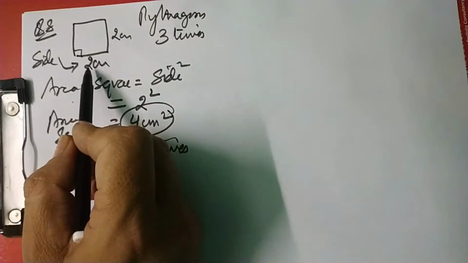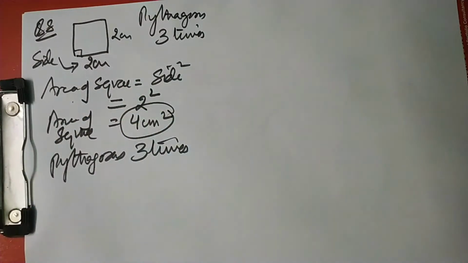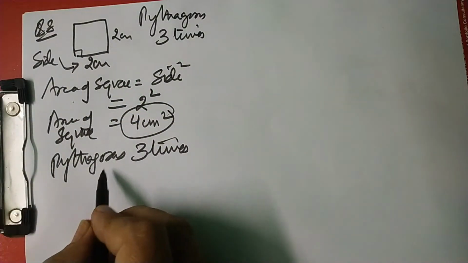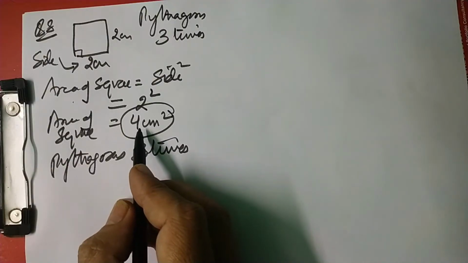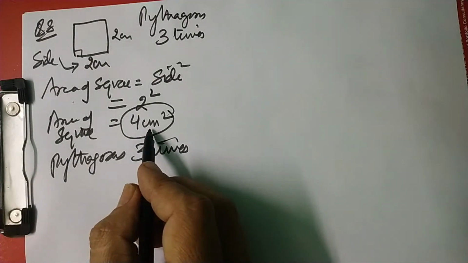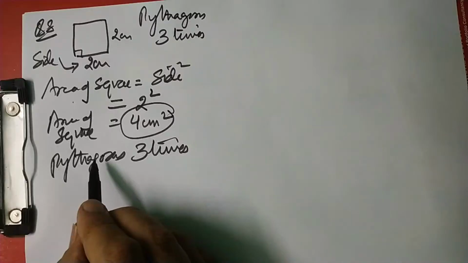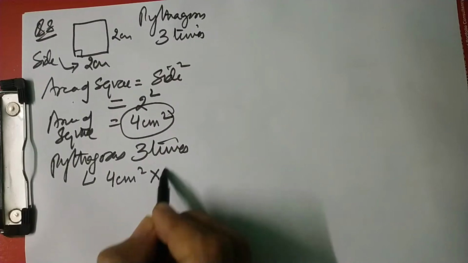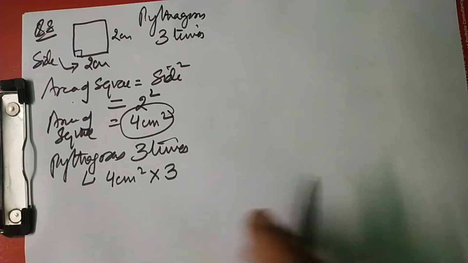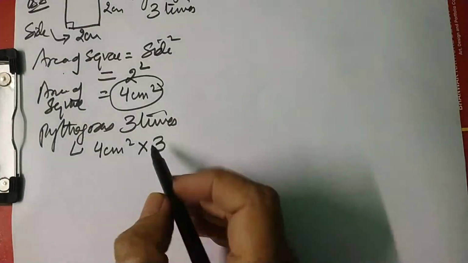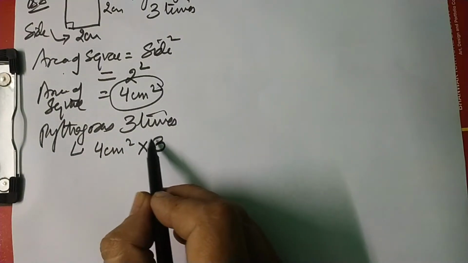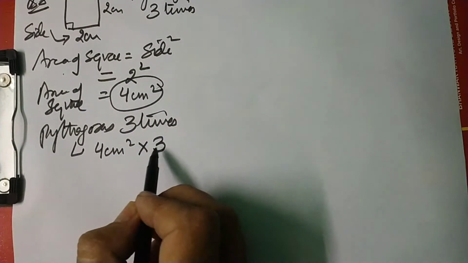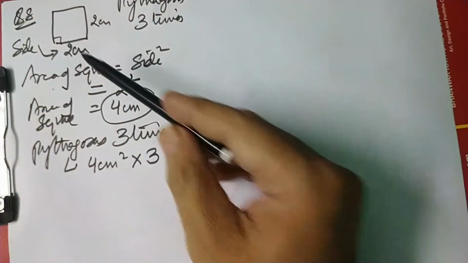Now if I use Pythagoras theorem 3 times, then what will it become? What is my answer? 4 centimeter square into 3 times. Now I will not do it 4 into 3. I have to use Pythagoras theorem.